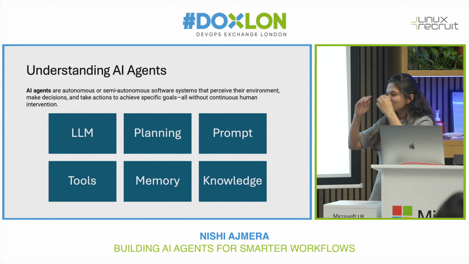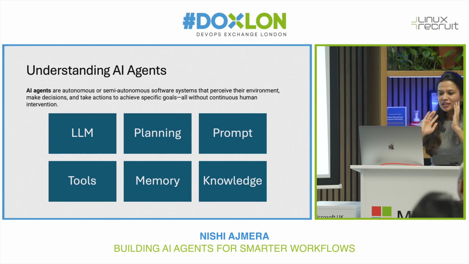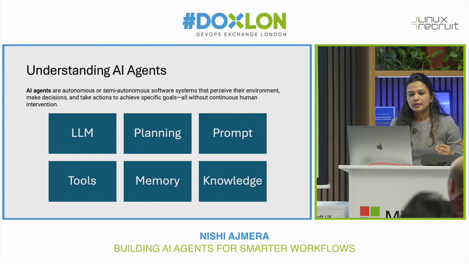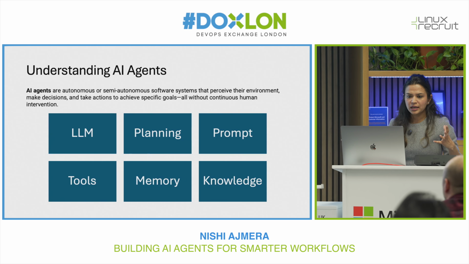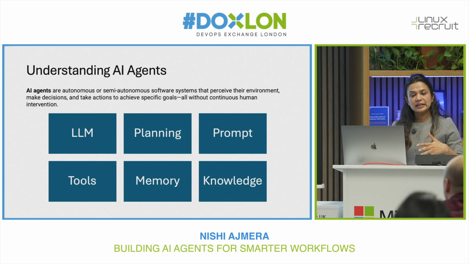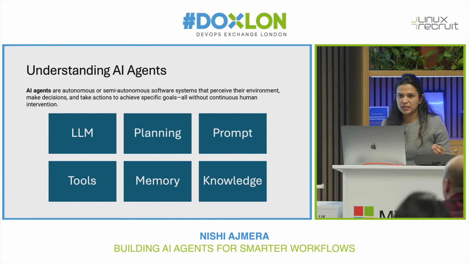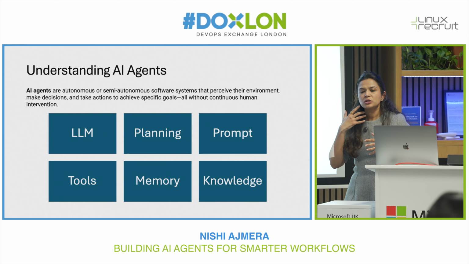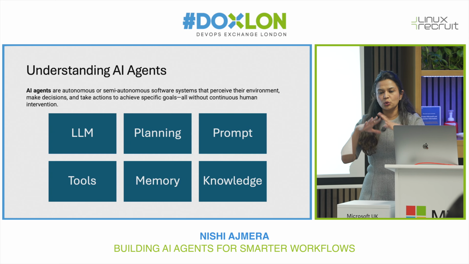All right. So what are AI agents? AI agents are autonomous or semi-autonomous software systems that can perceive their environment and make decisions, or they can take actions to achieve a specific goal without continuous human intervention. These agents basically use LLMs.